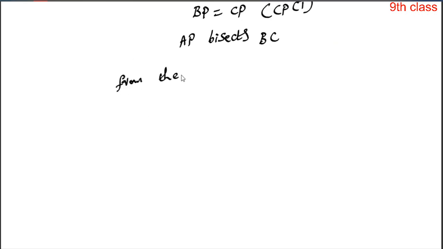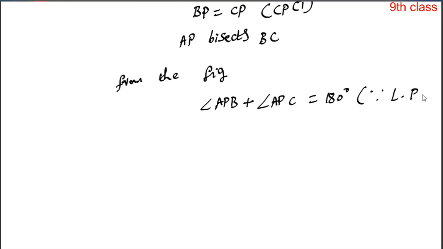From the figure, angle APB plus angle APC is equal to 180 degrees, since they are a linear pair of angles.